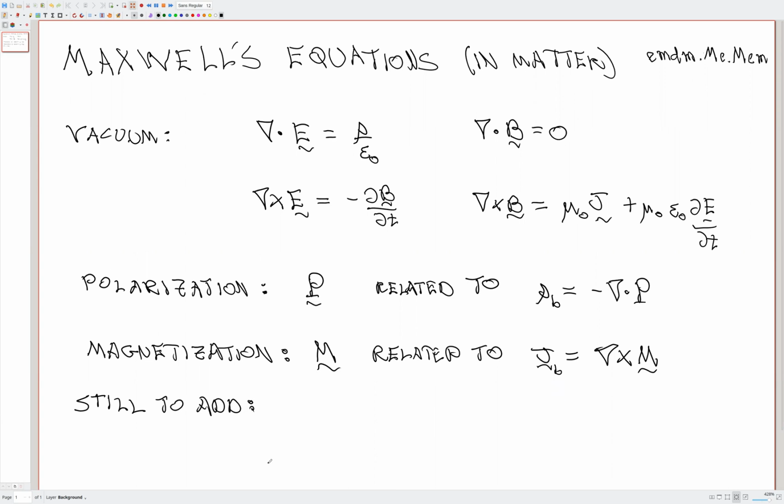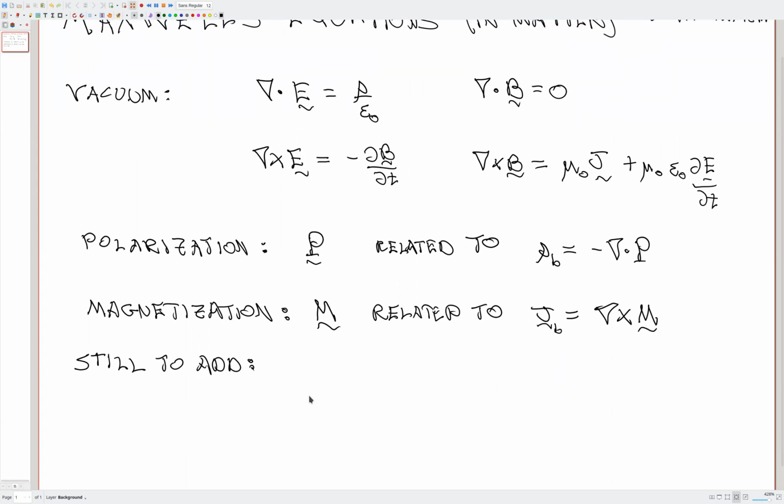Namely, if we have a change in the polarization, what we're going to try to add is the time dependence. Okay, so let's just consider some very simple setup here.